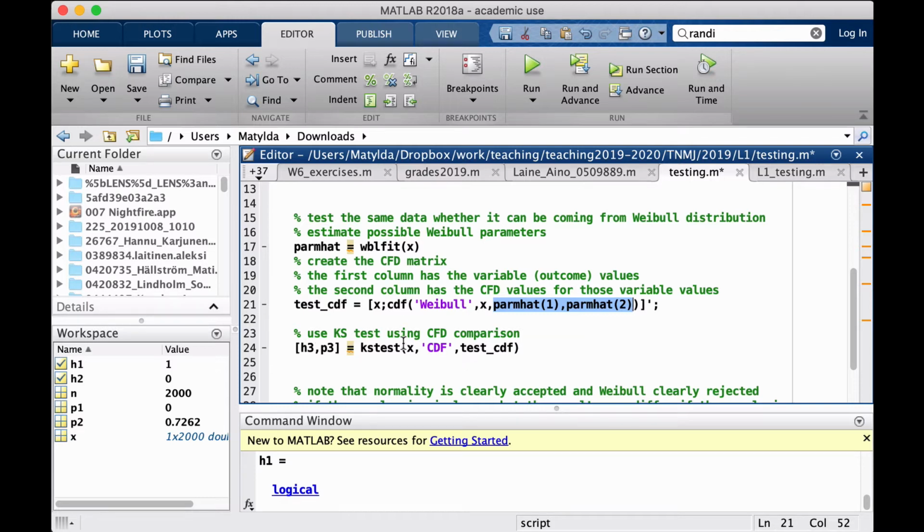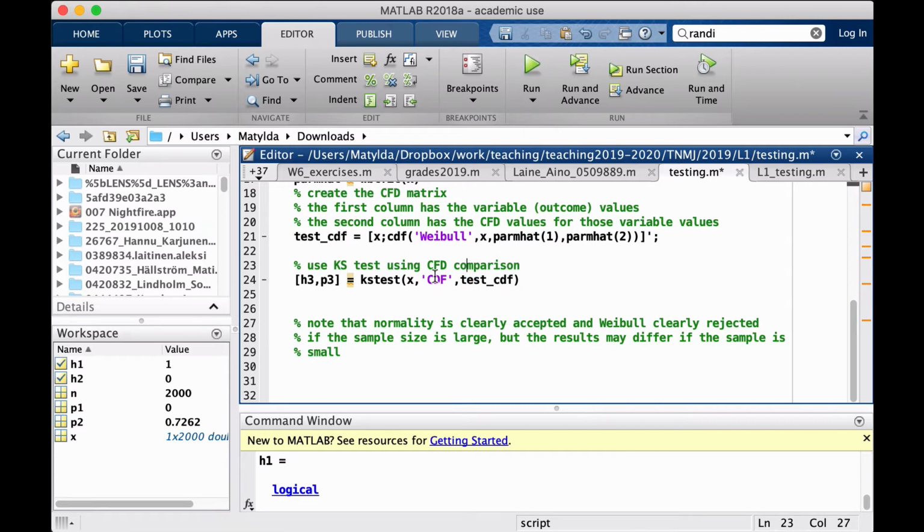And then how we use KS-test, for instance, is that we call kstest, then we give our sample, and then we say that we want to use CDF as the method for comparison, and we give the test CDF. So this is now the theoretical CDF to which we want to compare our data. So let's run this part.